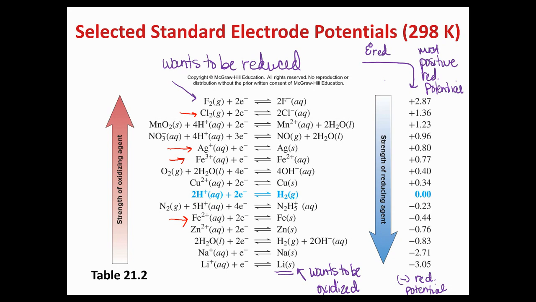So this one here, I'm comparing this one to this one because this is more positive, that stays reduced. This one gets flipped. Between this one and this one, this stays reduced, that one gets flipped. Okay, so that is really important because as you go down and they get more negative, they're going to be oxidized.